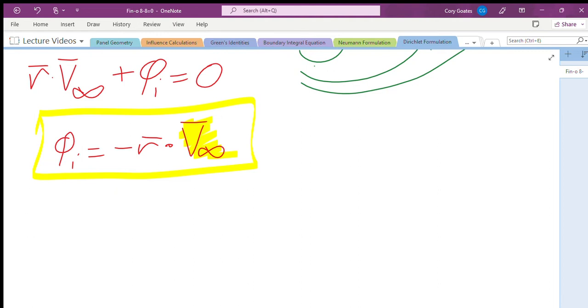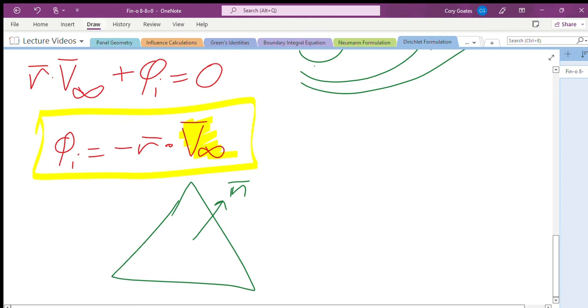So what we're going to do is for each panel, we've got our normal vector n. What I'm going to do is I'm going to take a control point and I'm going to offset that control point from the centroid of this panel in the direction opposite of n.